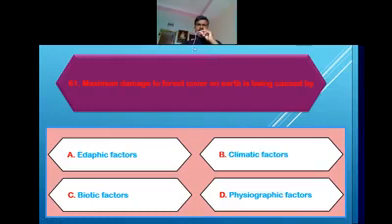The first option is edaphic factor, second option is climatic factors, third option is biotic factors, fourth option is physiographic factors.